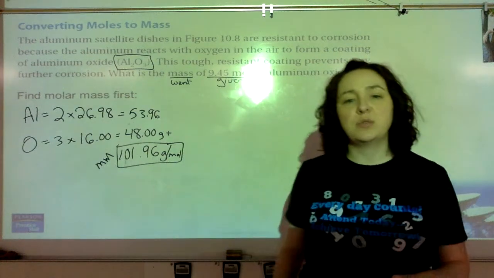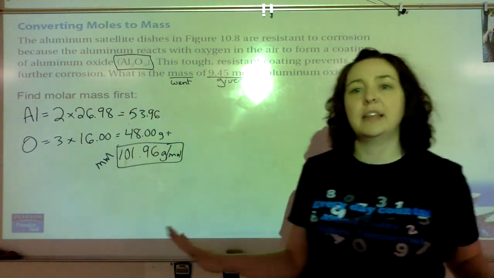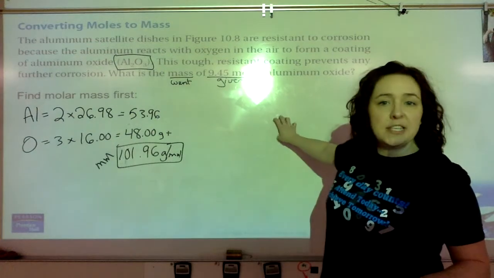Okay, so the first thing we did was we went ahead and found the molar mass because we're going to need that later. Okay, now let's go ahead and set up our picket fence.